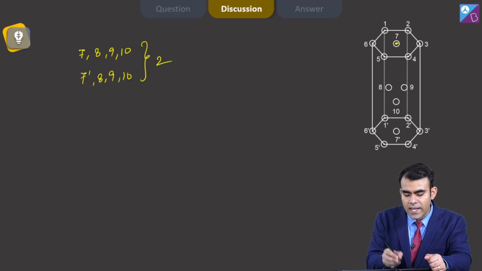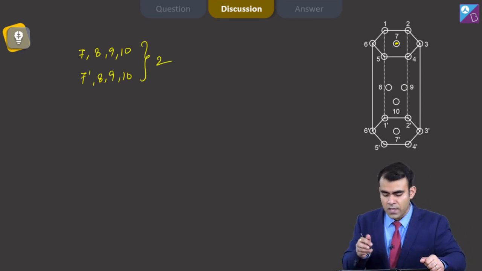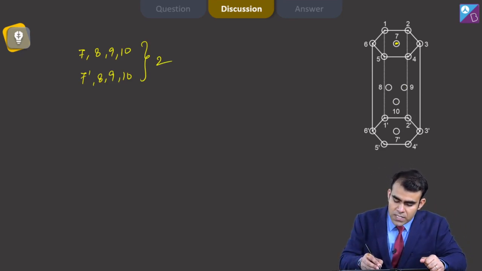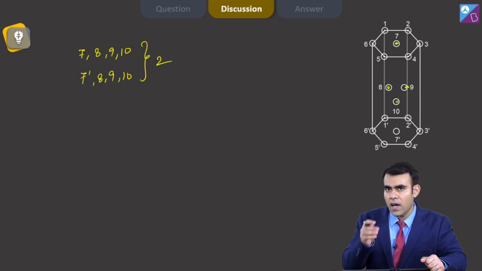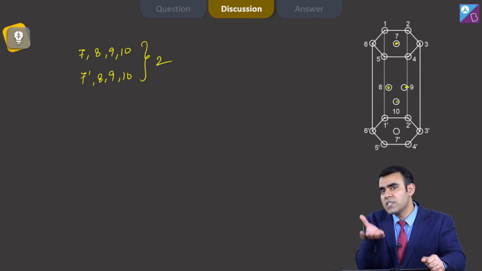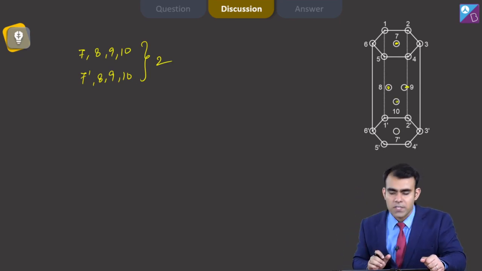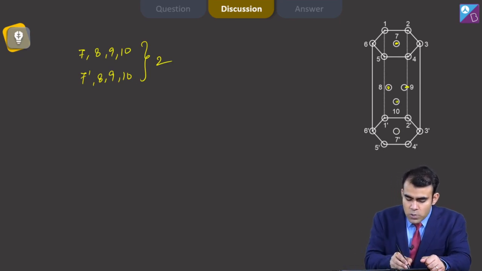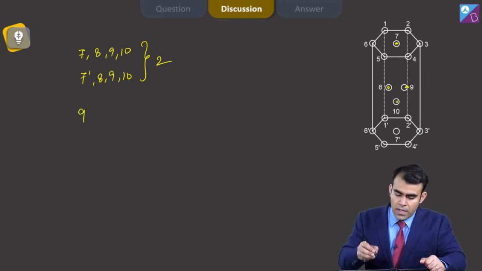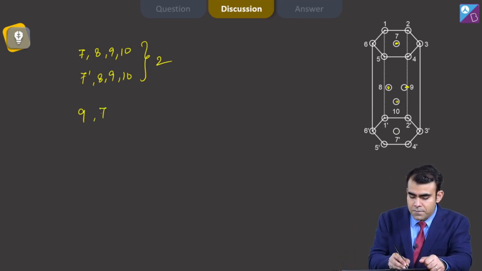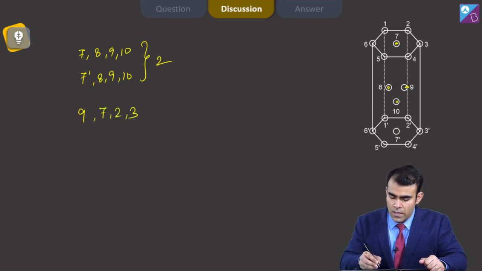So from here I get 2 tetrahedral voids. Similarly, each of these 8, 9 and 10 are forming tetrahedral voids with the upper atoms as well as the lower ones. For example, 9 is forming a tetrahedral void with 7, 2 and 3. 10 is forming a tetrahedral void with 7, 5 and 4.